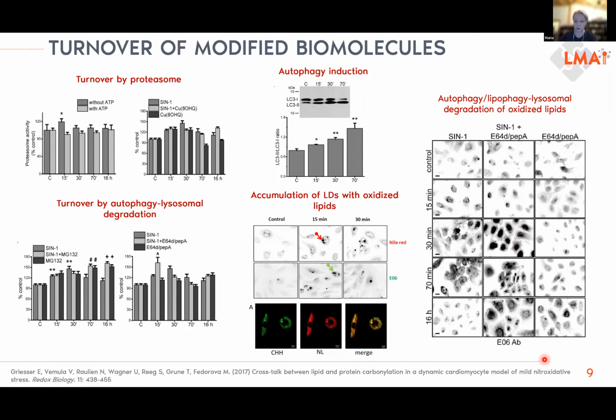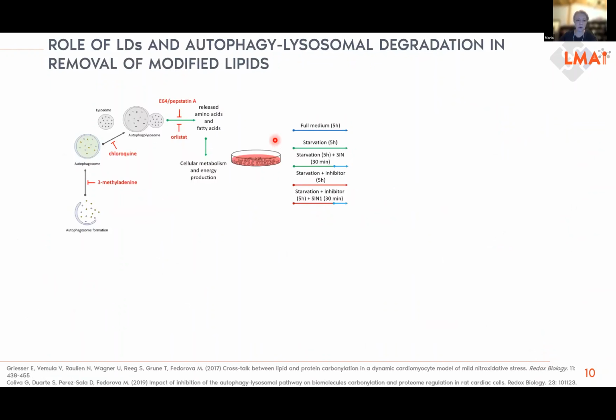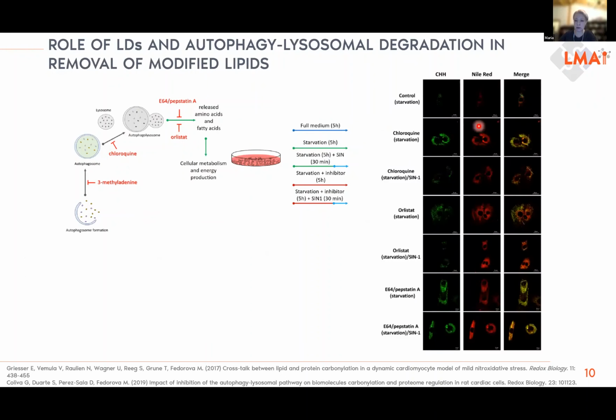modified biomolecules. So we looked further into this pathway using more specific inhibitors, for instance of autophagosome formation, of the fusion, and of lysosomal degradation as well. And there were also a lot of interesting results in that. Here you can see some staining again for the CHH, carbonylated lipids, Nile red for lipid droplets, and again we see these nice colocalizations. I'm not going into details, and if you're interested, you can read the paper about that.